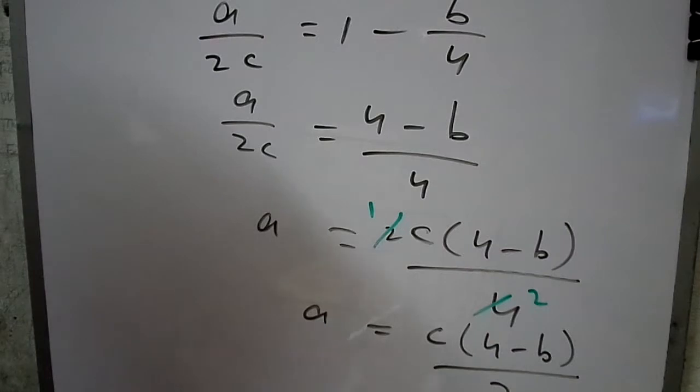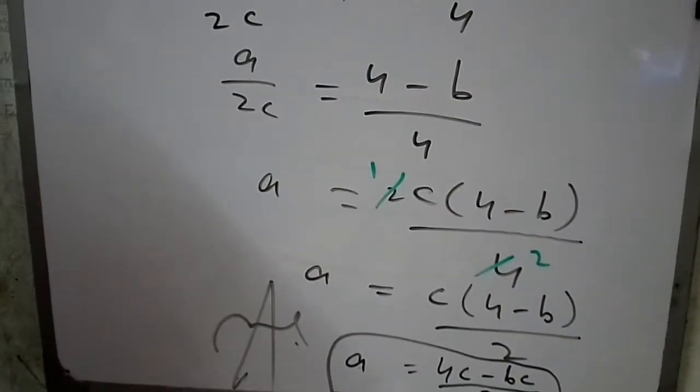So you multiply it, so you will get the same result, otherwise this is your required result. For example, if you multiply, you will get 4c minus bc divided by 2. That is your required result, because you have made a as a subject.